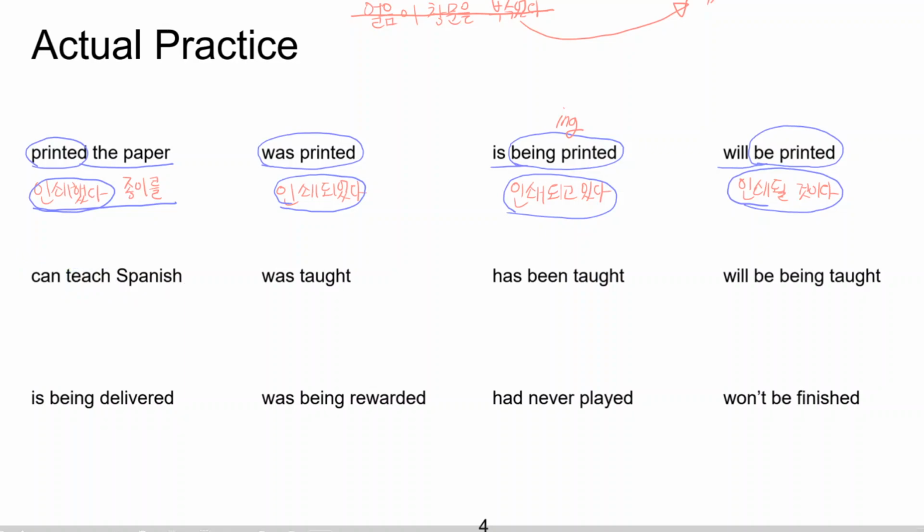So when you see a verb chunk like this, what I want you to do is to read it just like this. Can teach Spanish, right? Can teach Spanish. Can teach Spanish. Okay, that means 가르칠 수 있다. 스페인어.